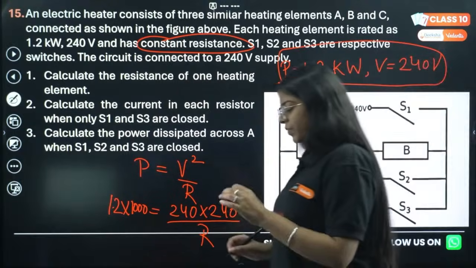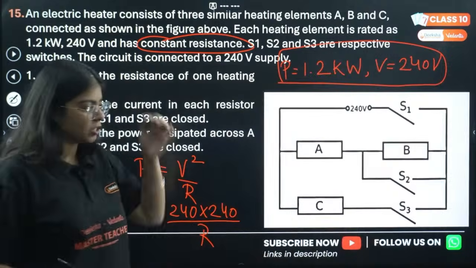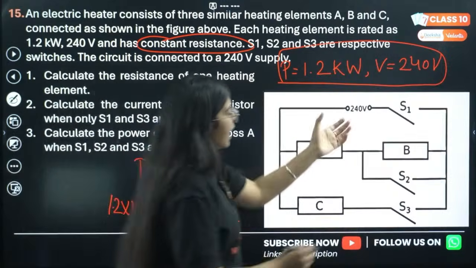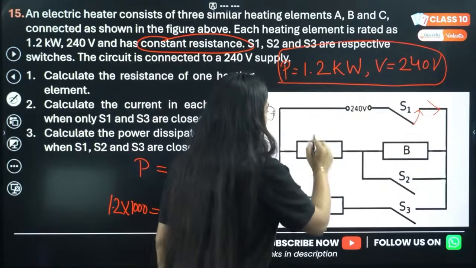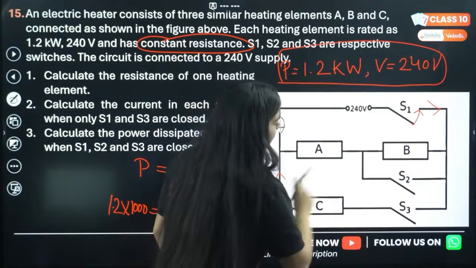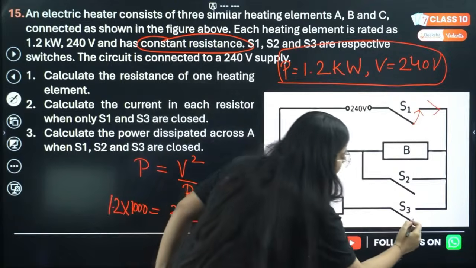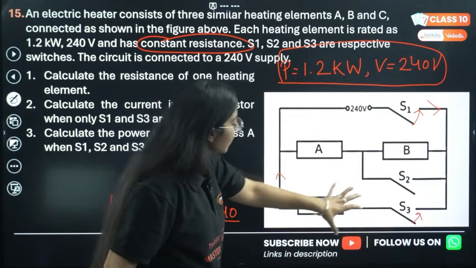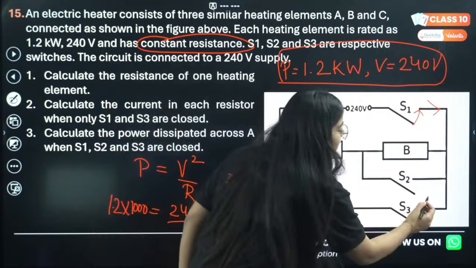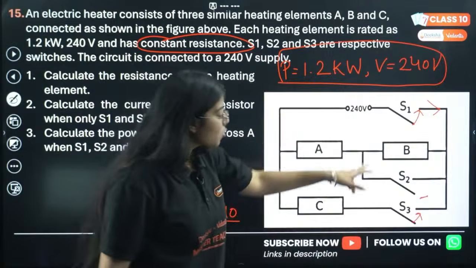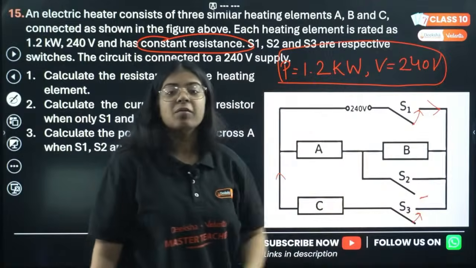S3 are closed. S1, S2, S3 are switches. Now, see carefully. If S1 is closed, then current will flow through here and it will come back. If S3 is closed, then the current through C will also flow. But my S2 is still open, so through this wire there will be no current.